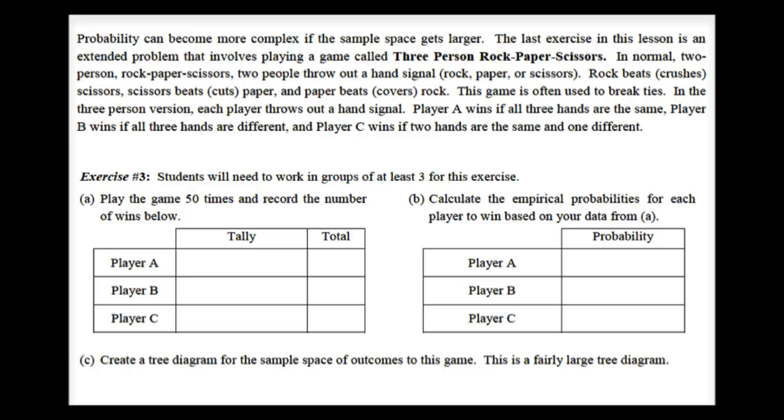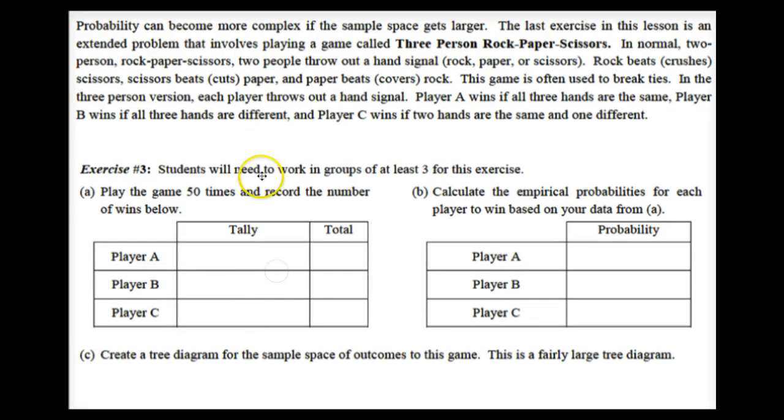Let's say we were doing this as a group of 3, and we would play the game rock, paper, scissors, say shoot, and then we'll tally. We're going to do this 50 times. Let's say player A won 10 times, and player B won 30 times. I'm just making these numbers up.